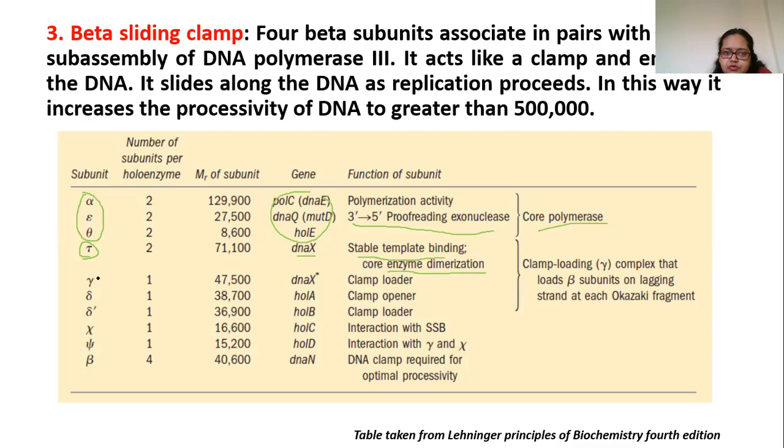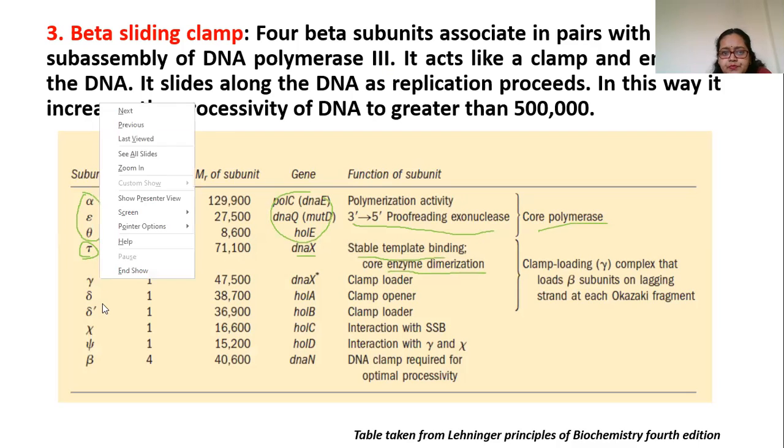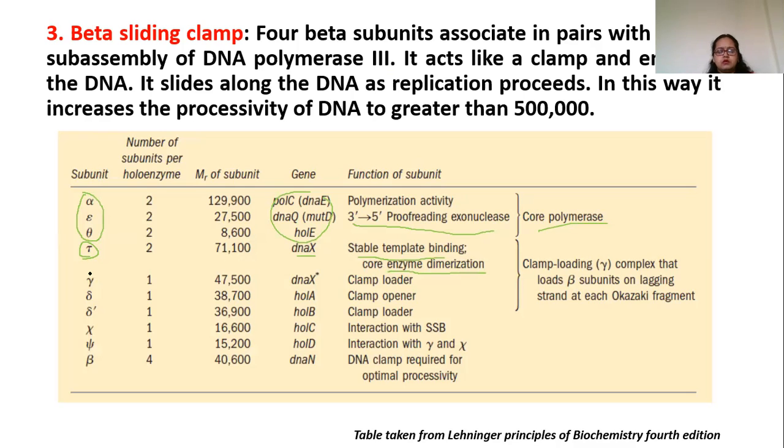Now the gamma subunit also belongs to the clamp loading complex. It has one subunit and is a clamp loader. The delta subunit is a clamp opener, and the delta dash subunit also has clamp loader function. Now chi and psi, which are not shown in the structure: chi interacts with the SSB.